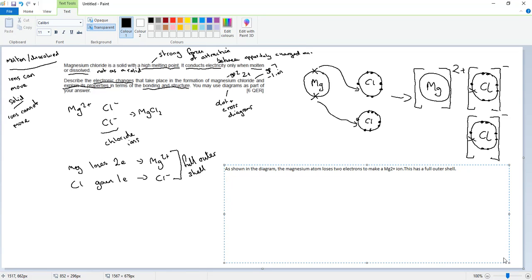Okay, so these 2 electrons transferred to 2 chlorine atoms, which become chloride ions. I'm just going to put it in brackets, Cl-, and again that charge should be superscript, which also have a full outer shell.